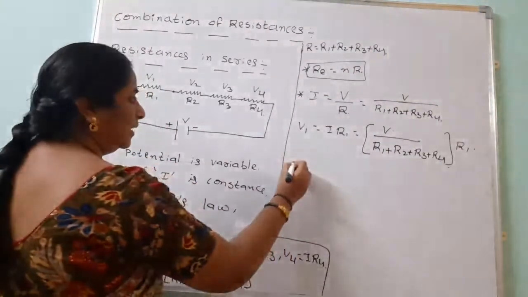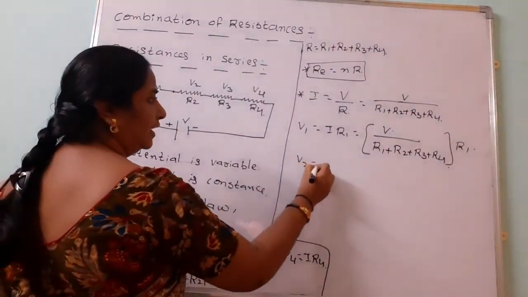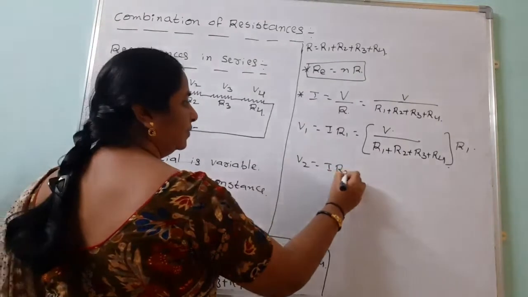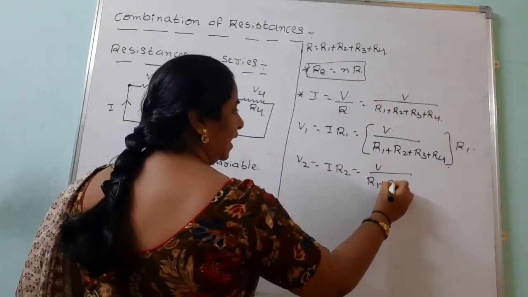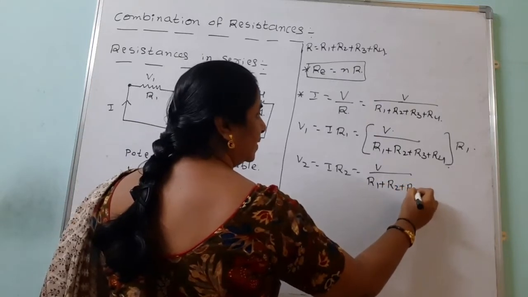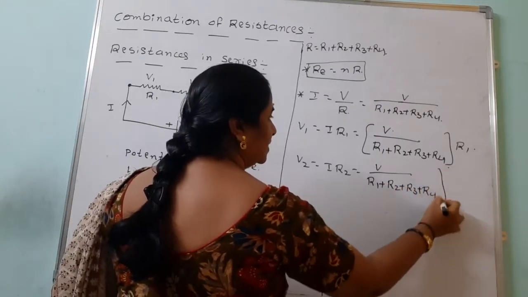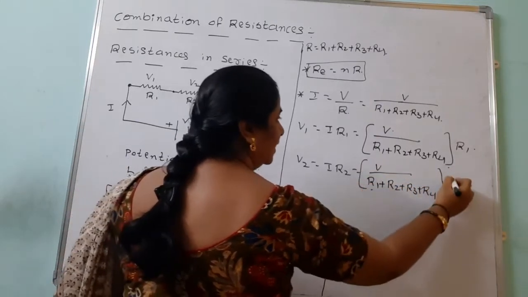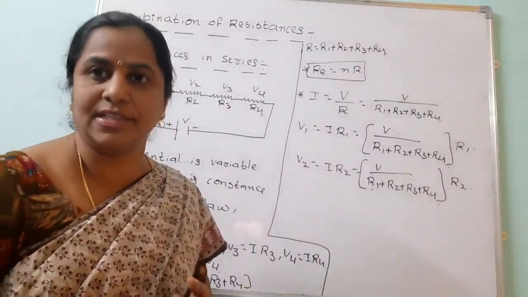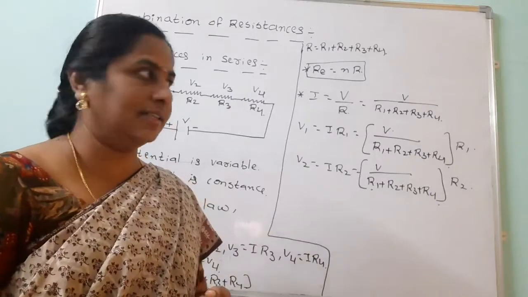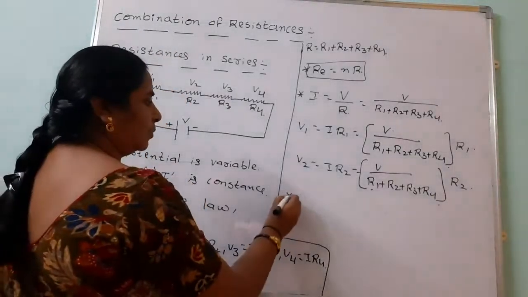Similarly, across R2, V2 equals I R2, that is V by R1 plus R2 plus R3 plus R4 times R2. So we can find the individual potentials across the resistances, and we are going to discuss one problem also.